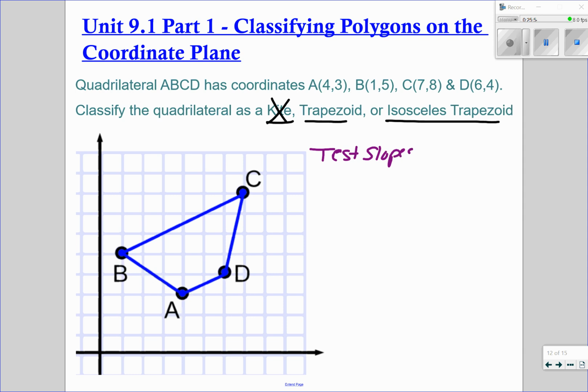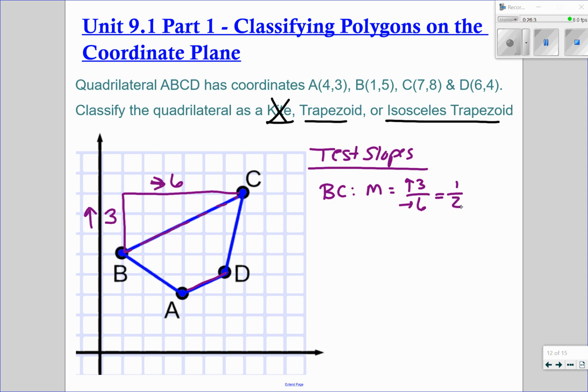The slopes that would show us parallel sides would be the slope for side BC and the slope for side AD. So let's go ahead from B to C. Our rise would be up 3, and then our run, if we're running 1, 2, 3, 4, 5, 6, we're showing that for side BC we have a slope of up 3 and over 6, so this gives us a positive 1/2.